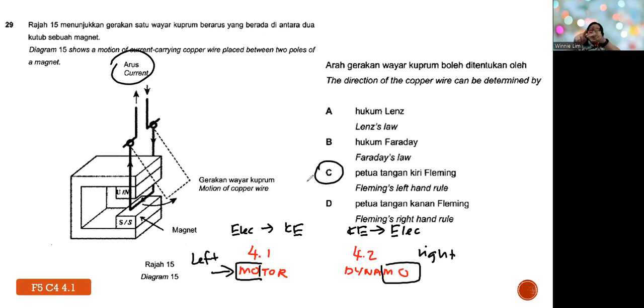Where F, B, I: F is force, B is magnetic field, north to south, and I is the direction of current. Like this case, how do you move your hand? Okay, so you see, this is your current I, and then your magnetic field is what? North to south, B down. Then you need to know where is your thumb.